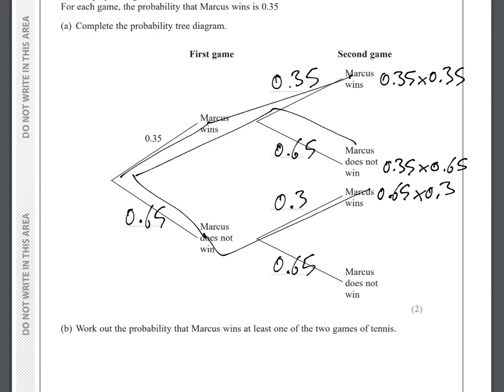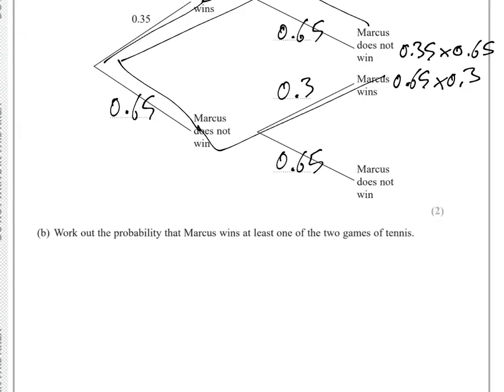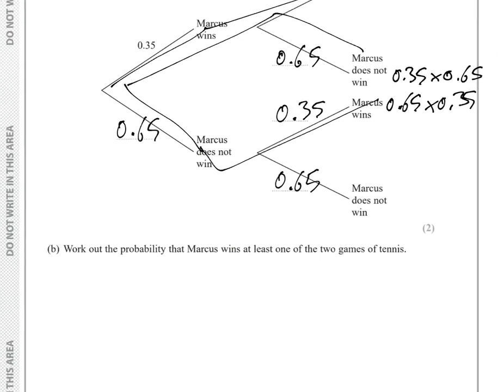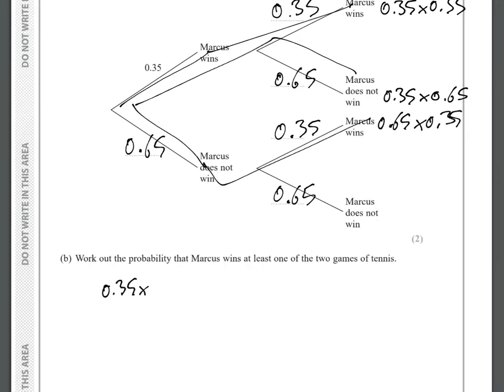We add those together. So I should probably write that all out. 0.35 times 0.35 plus 0.35 times 0.65 plus 0.65 times 0.35.